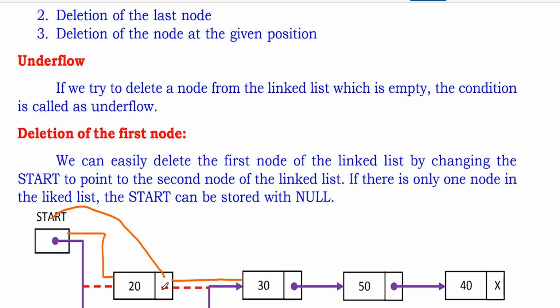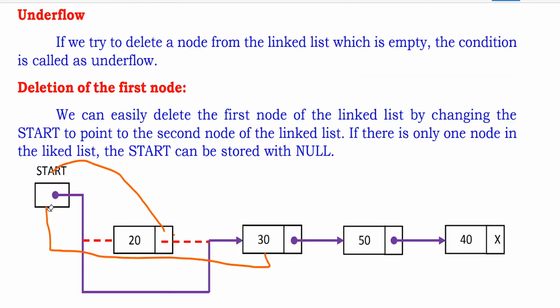This is the link field of start, meaning this one. This will establish this relation, correct? And thereby break this relation, correct? So now start is directly having this, because this value has been copied to start. That is how we are going to delete the first node.